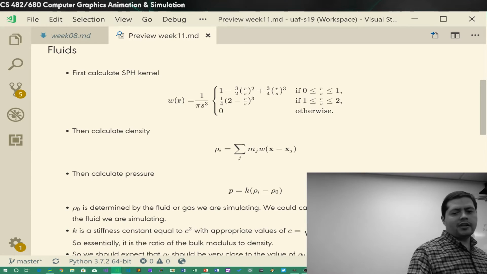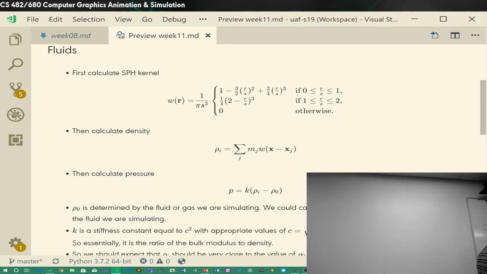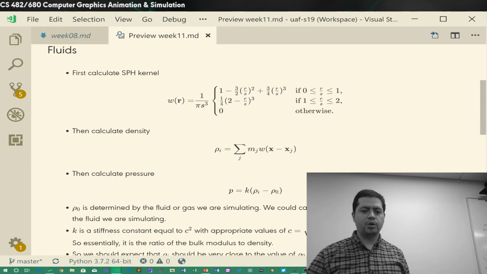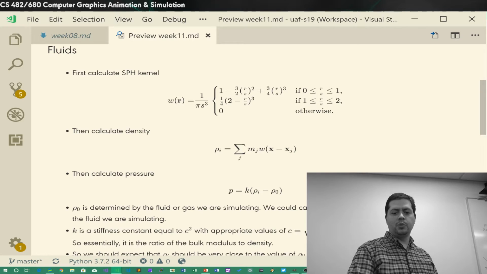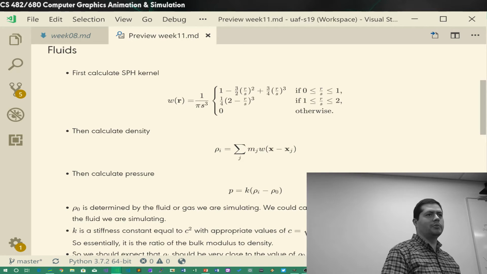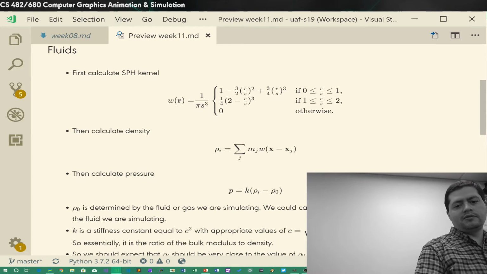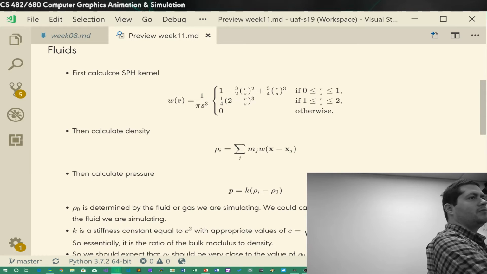So if our K value is this ridiculously huge number, like we just saw, like 12.5 million, what do you think the difference between rho i and rho naught is supposed to be? We're talking pressure, which is a measure of force. What do you think it tells us about the range of numbers we should be expecting from rho i?